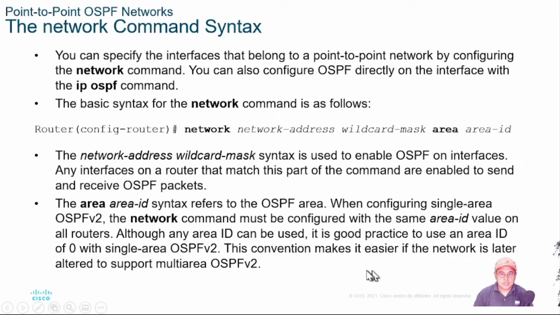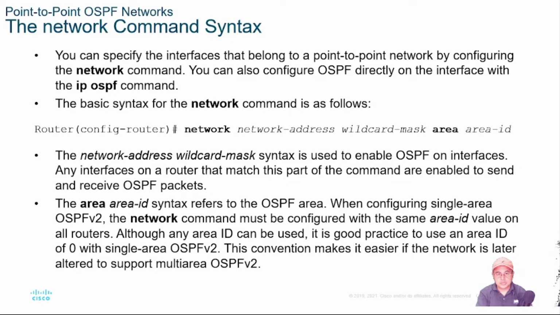This convention makes it easier if the network is later altered, and it will support multi-area OSPF version 2. So it's easier for the network administrator later on if the small network expands. It's easy to scale.